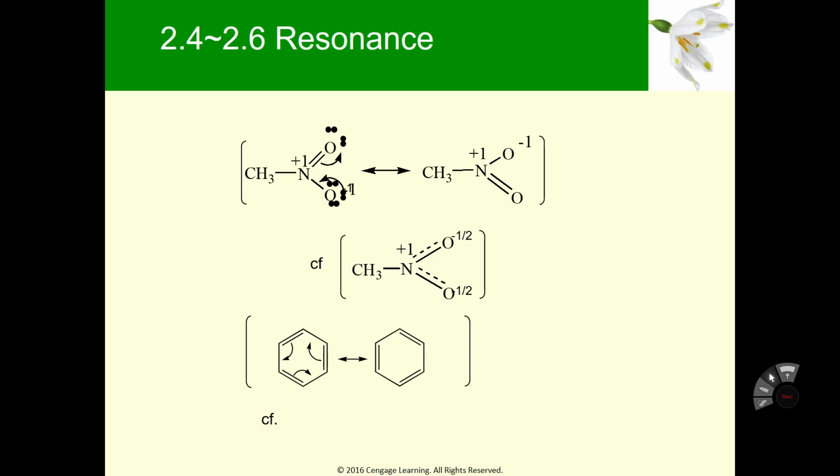So the real structure of this molecule will have a partial bond between N and O, and another partial bond between N and O. So actually the bond character between nitrogen and oxygen will not be a single bond, it will not be a double bond, it will be like a 1.5 bond, okay?